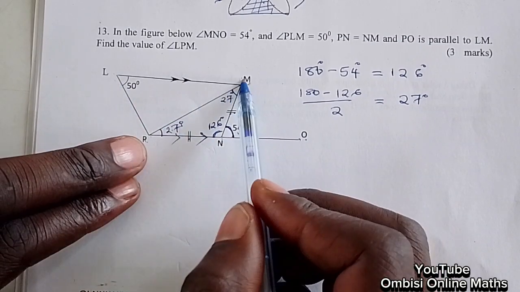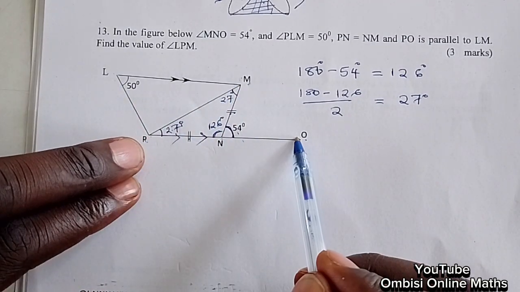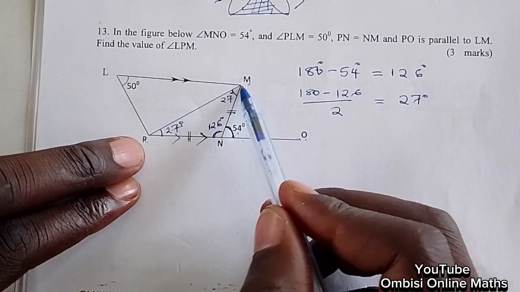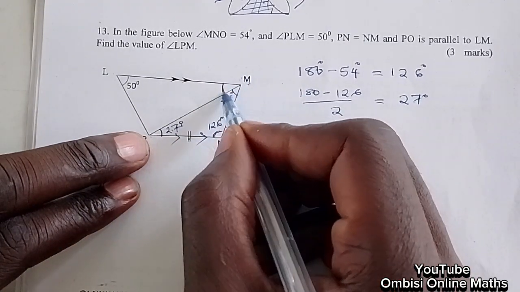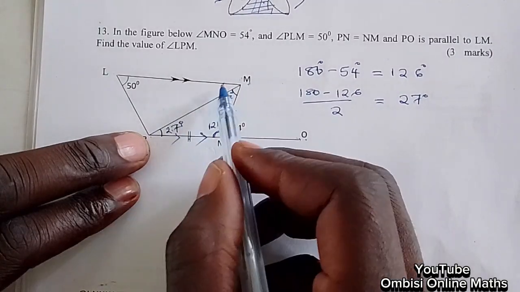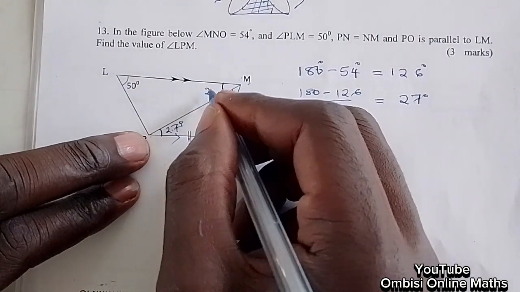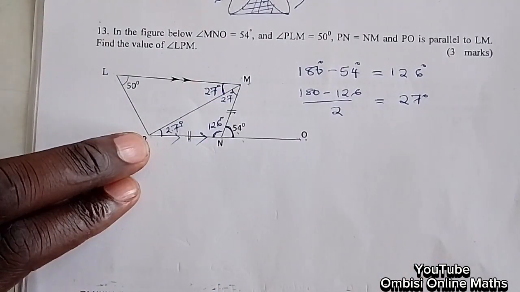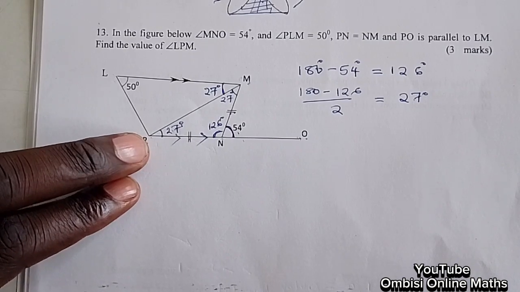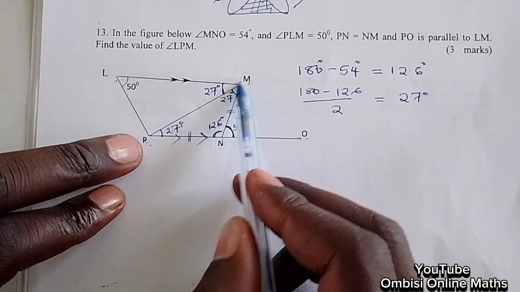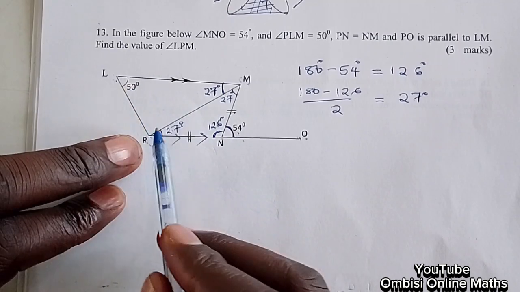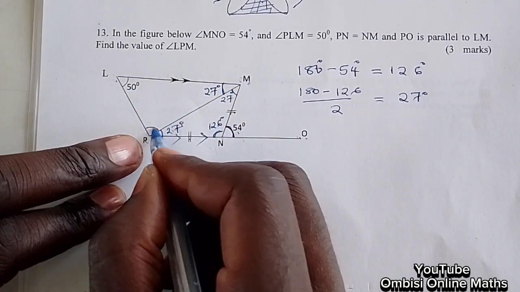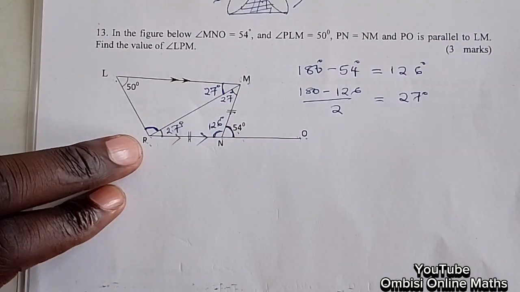Now, LM is parallel to PO. So it means that PM is a transversal. Now, this angle is equal to this angle. It is alternate. This angle is alternate to this angle. So here it is also 27 degrees. Now, remember, LMP is a triangle, and you already have two angles. So we can find this angle LPM at this particular place.